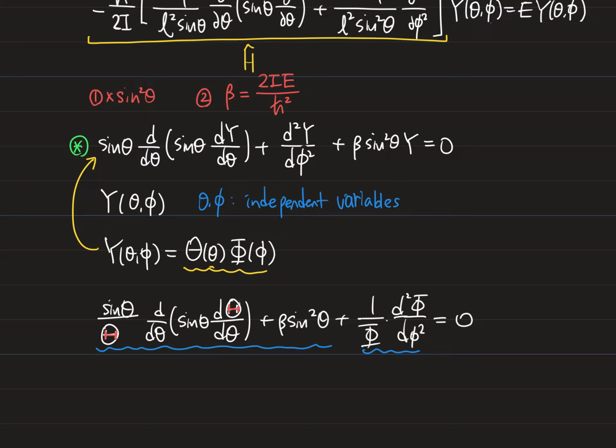So in that case, we equate the theta term to m squared, and that means the term involving phi should be equal to minus m squared.